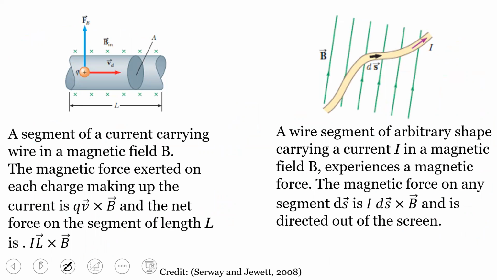And that's all we have here to say that IL cross B. And the L here is not just L, it's a vector. It has a direction. And that should lead us to knowing that when current is flowing, we are concerned with the direction of the current flow as far as we are interested in the effect of magnetic field on it.